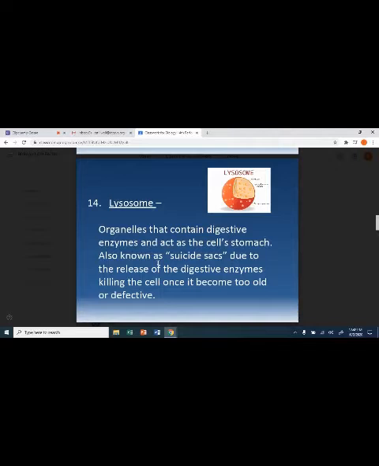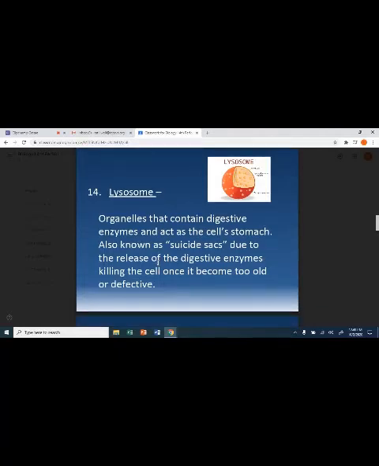When a cell gets too old or is damaged and should not continue on, the cell will enact the lysosomes to release all of their digestive enzymes at once. So it kills the cell by digesting it from the inside out. That's why they're known as suicide sacs, and that is the actual term, suicide sacs.